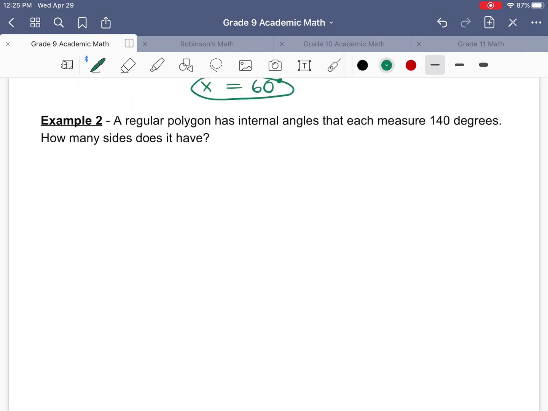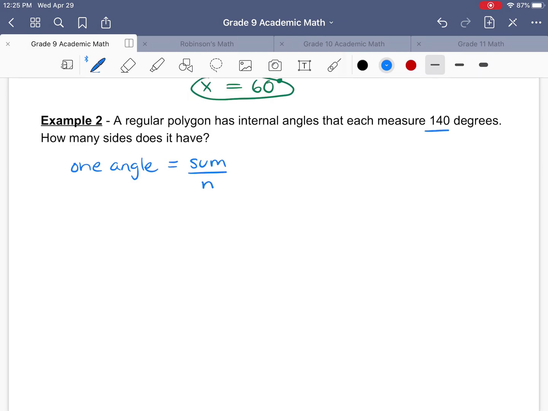In our next example, we have a regular polygon that has internal angles that each measure 140 degrees. And we have to take that information and figure out how many sides the polygon has. So we want to remember that the measure of one interior angle is equal to the sum divided by the number of sides.